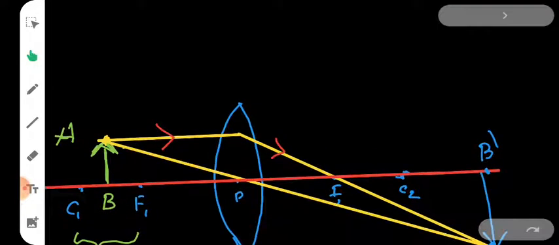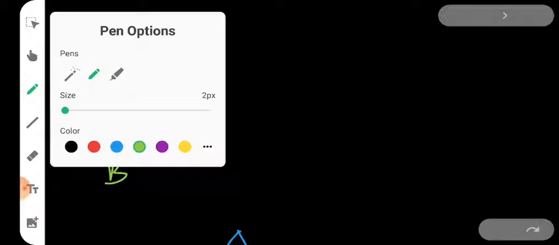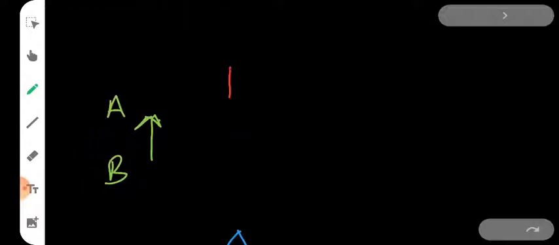Okay, just don't generalize it, but you seem to learn that pattern here. Comparing the sizes of the object and the image side by side: the object AB was a small one, and the image was A prime B prime.